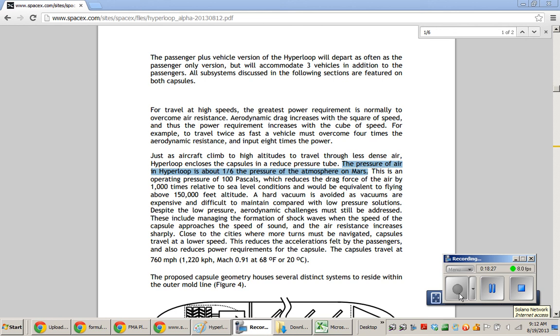So this is a huge differential that's probably going to be very difficult to implement on a large scale. And that's true whether or not it's cold or hot outside. It's still a factor of 1,000. I think that's going to be technically challenging.